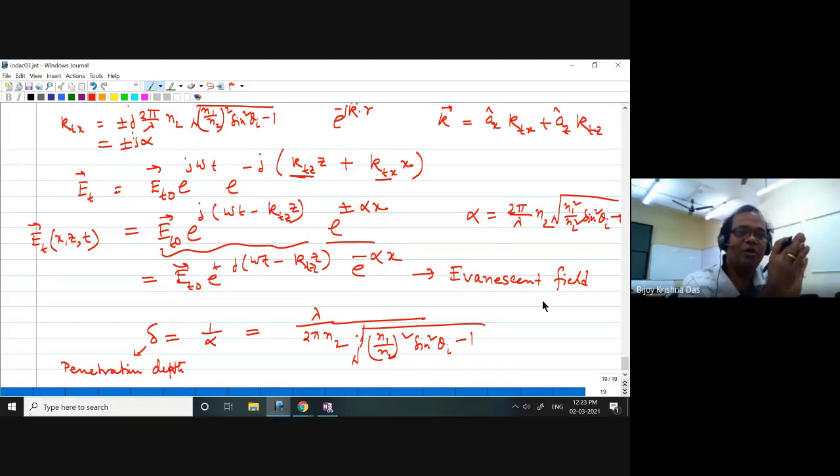Now in the microwave waveguide concept, we use a metal enclosure, a rectangular box, because at the boundary the field strength inside the metal has to be 0. So any wave propagating in the transverse direction will be reflected back, and in some way it will be confined within the waveguide, and you can get a waveguide mode.